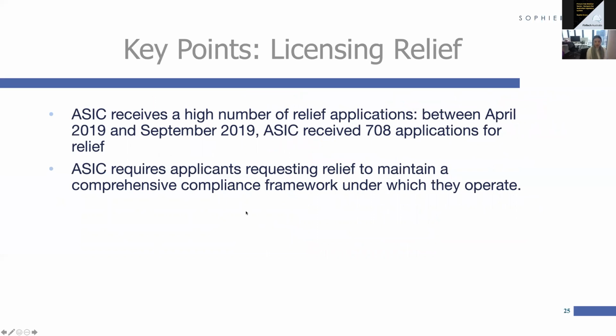Between April 2019 and September 2019, ASIC received 708 applications for relief, and ASIC requires that applicants requesting relief maintain comprehensive compliance frameworks under which they operate. Unfortunately, there's no way for you to get around the compliance framework, and that will still need to be implemented.